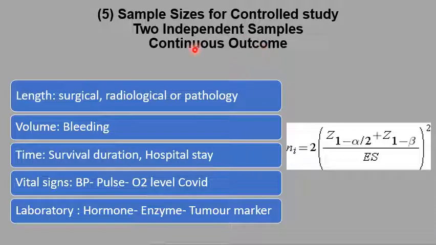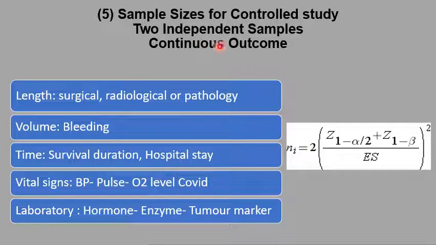The outcome is continuous, as if you are, for example, measuring lengths, whether surgical or by imaging or certain pathological specimens, volumes like amount of bleeding, time like survival duration or hospital stay, measuring some vital signs, whether it's blood pressure, oxygen level, pulse, or laboratory findings, whether we are interested in measuring hormones, enzymes, or tumor markers.